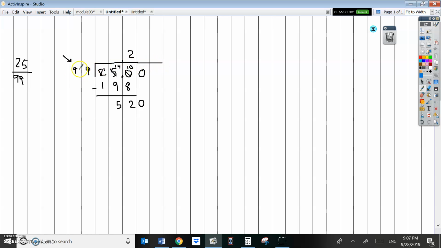Now, 99 is close to 100. How many 100s fit in 500? 5. And now multiply 99 times 5. 495.